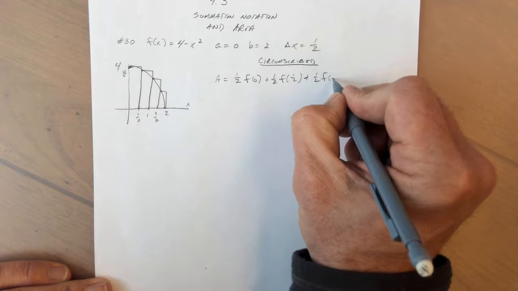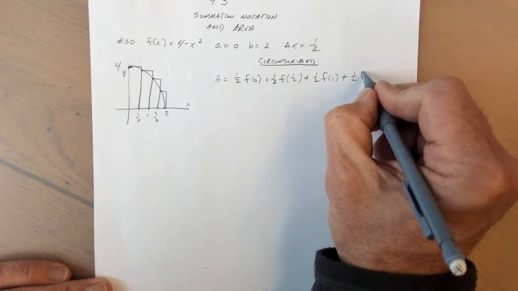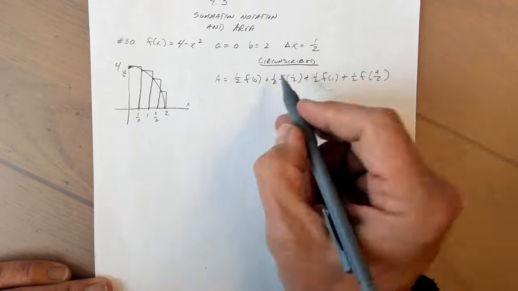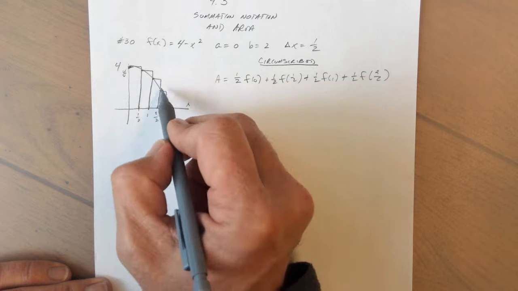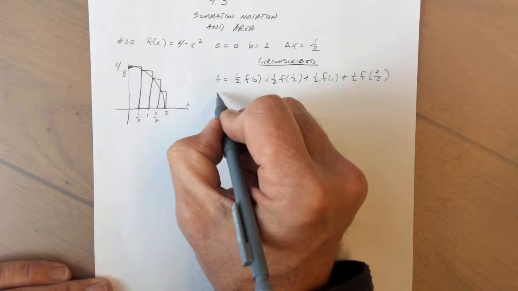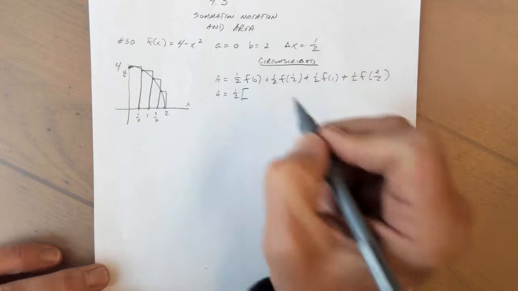So we have 1/2 f of 1. And the third left endpoint is at 3/2. And so the height is the function values at 0, 1/2, 1, and 3/2. And then each has a width of 1/2. So I'm going to factor out the 1/2.